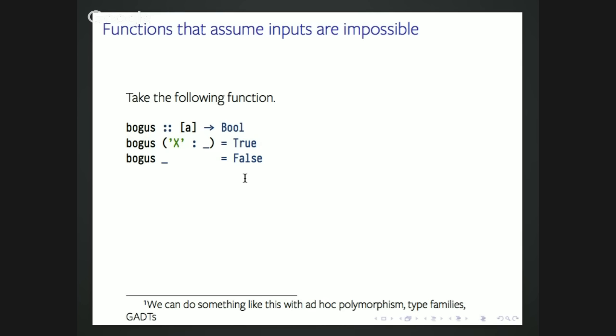The first pattern match says bogus, with the character X as the head of the list and something else on the rest of the list, is equal to True. And then the second one doesn't do a pattern match on Char or anything. It's just basically otherwise. So in here, the first pattern match is assuming that the list of A is actually a list of Char. We can't do that. We need to be able to work for any list of A.